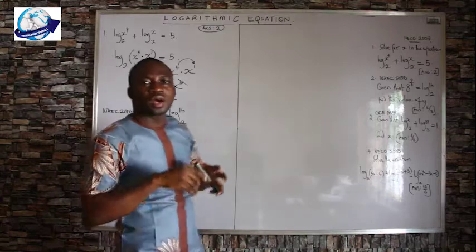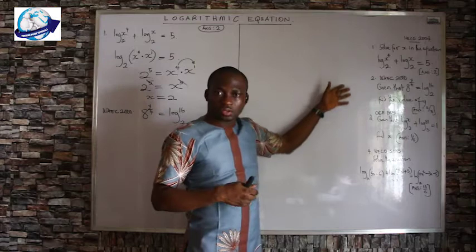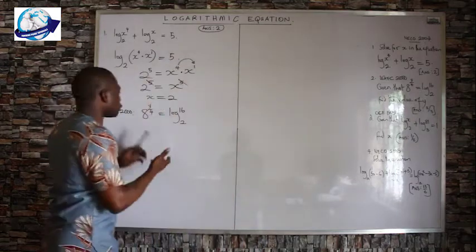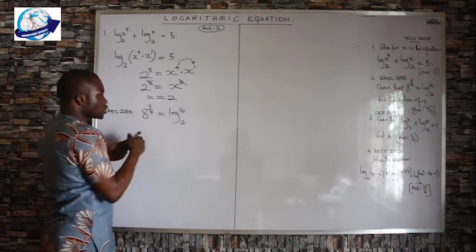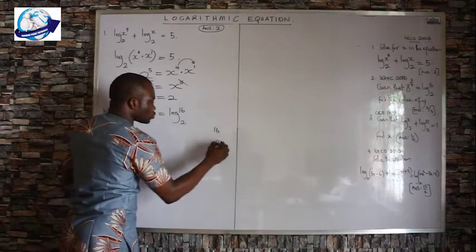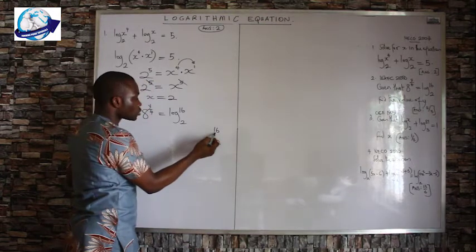Mind you, we have a lot of questions to solve, but let's go on. I look at this thing very well, and I check 16 and 2. I can place 16 in an index, using 2.